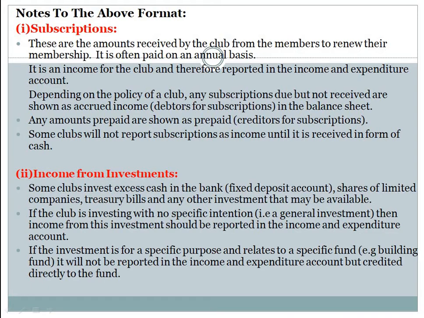Depending on the policy of the club, any subscription due but not received is shown as accrued income, that is the debtors for subscription in the balance sheet. Any amounts prepaid are shown as prepaid, which is creditors for subscription.